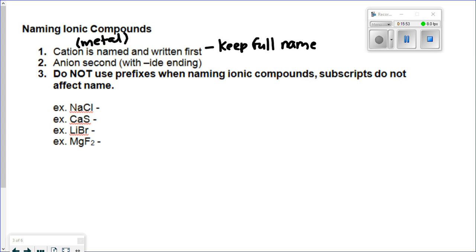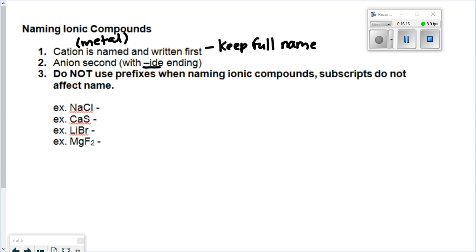The anion, though, is going to have that IDE ending, which is in your periodic table underneath each element. If you look at atomic number 9, fluorine, at the very bottom of its box, it says fluoride. Some of them aren't just changed at the ending, they mostly are, but fluorine is changed to fluoride.